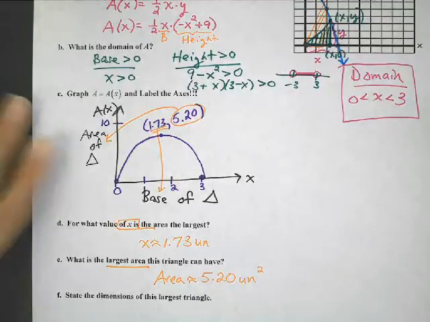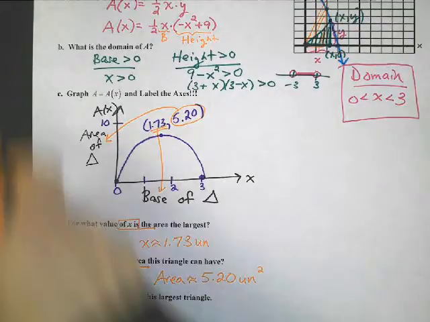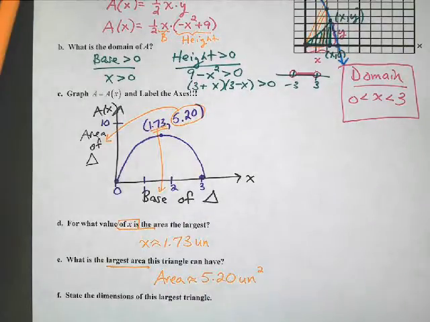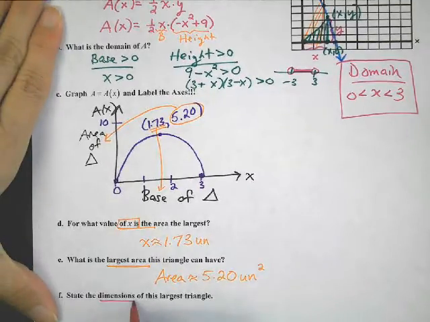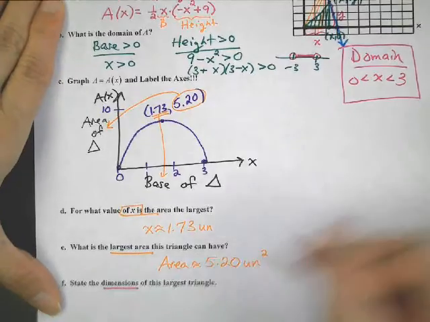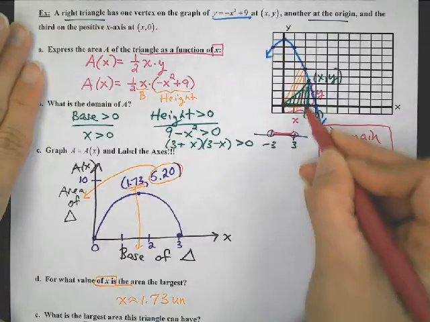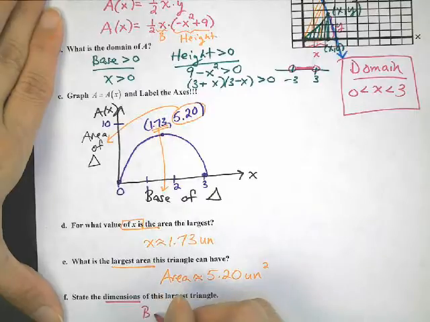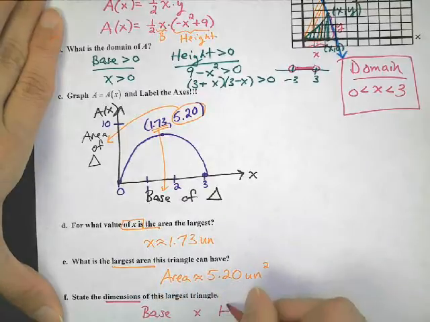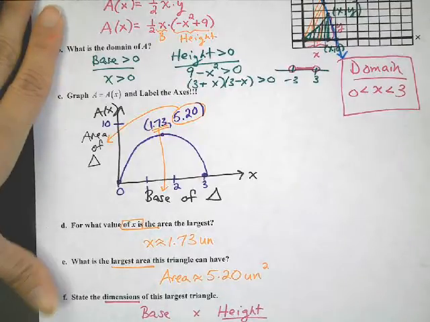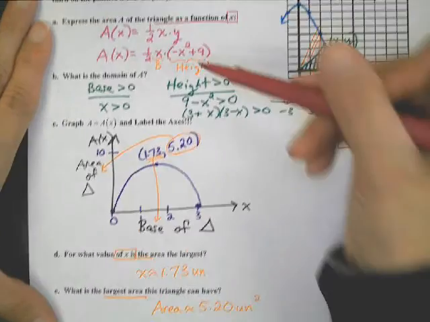Okay, and now comes the question that everyone has a little trouble with. So let's make sure we go and look at our work here. Dimensions of a triangle. Dimensions are base and height. So those are the 2 dimensions that we need to say, base and height. And the best place to go figure this out is looking in the equation.